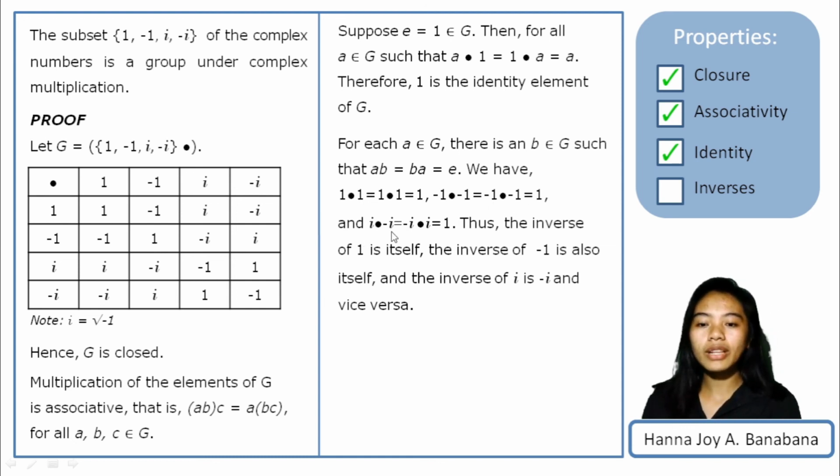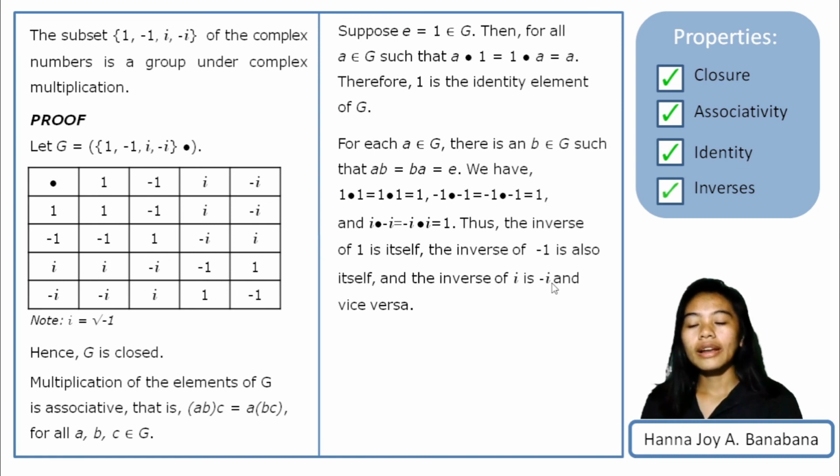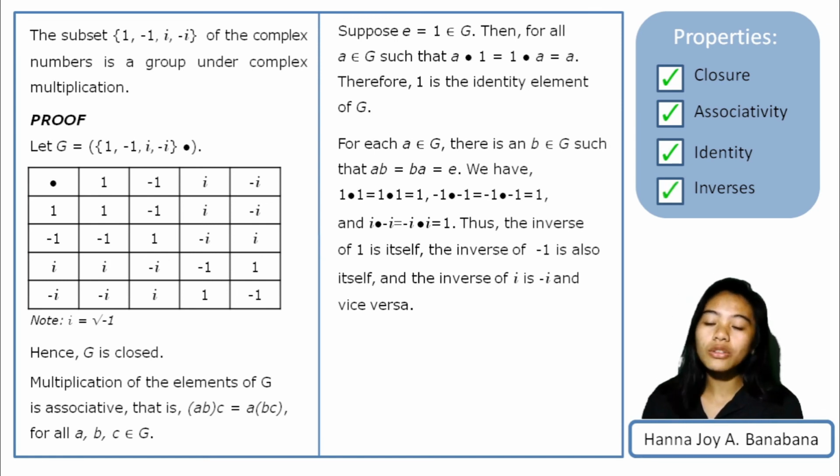And i times negative i is equal to negative i times i is equal to 1. Thus, the inverse of 1 is itself, the inverse of negative 1 is also itself, and the inverse of i is negative i, and vice versa. Meaning, the inverses of the elements are still in the set. And that means that the elements of G have inverses.